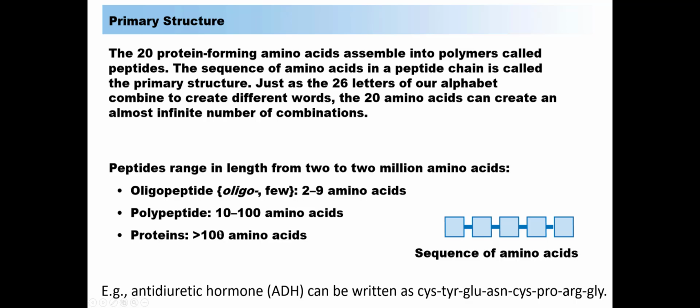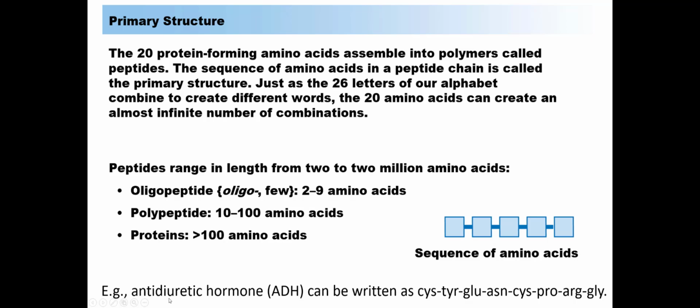Textbooks like to come up with these numbers, but no one would really say these are hard and fast numbers of when something becomes a polypeptide. A polypeptide suddenly becomes a protein when it's 101 amino acids. That's sort of ridiculous. But these are generally sort of true.